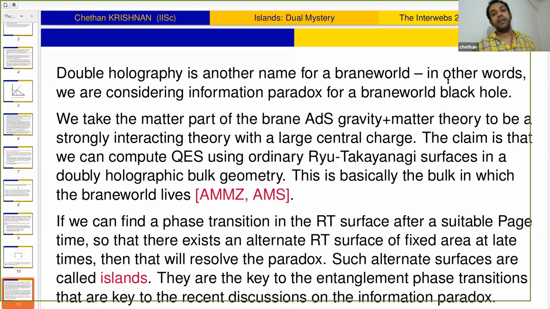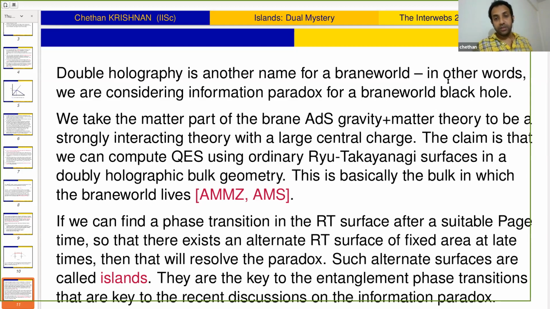Then, instead of computing the quantum extremal surface directly, the prescription given by Almheiri, Mahajan, Maldacena, and Zhao is that you compute just a normal Ryu-Takayanagi surface. Don't worry about all this quantum extremal surface stuff, just compute the Ryu-Takayanagi surface in the bulk, and you will see that there will exist a phase transition in the relevant RT surface after the Page time.